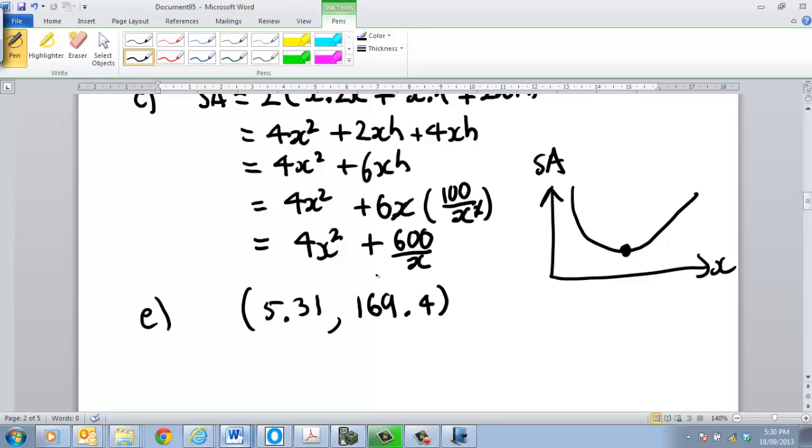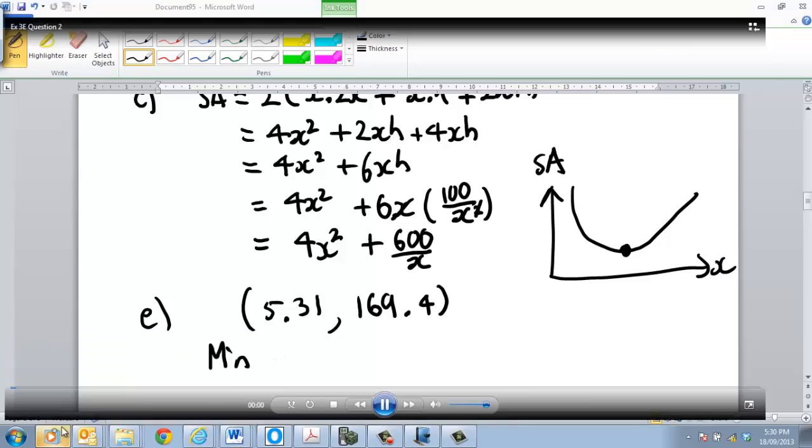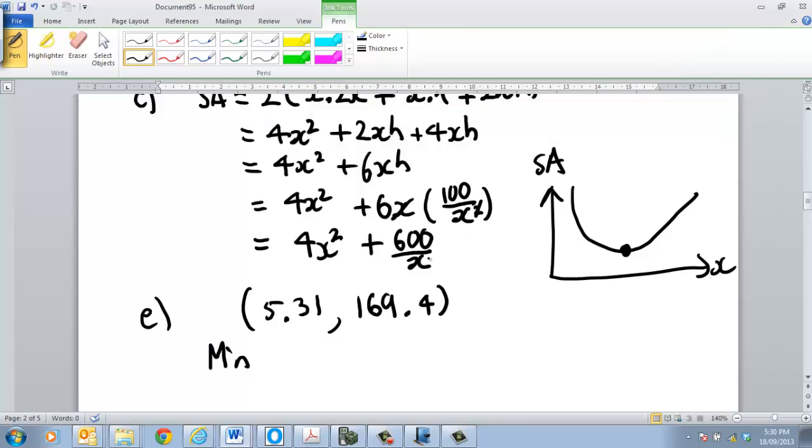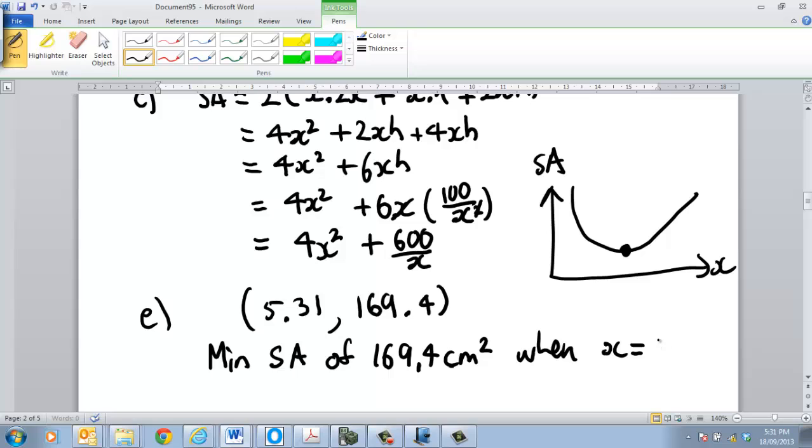So we have to make a statement like: min surface area of 169.4. I think this is in centimetres, so that's centimetres squared, when x equals 5.31 centimetres. That gives you an idea what we're doing there.